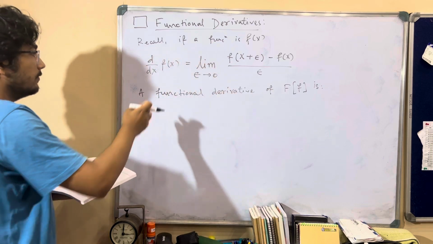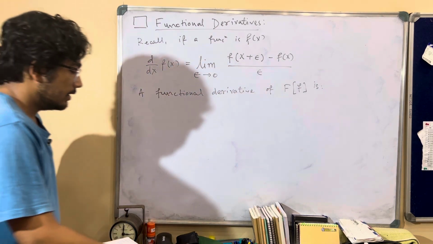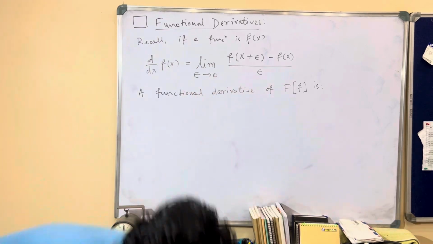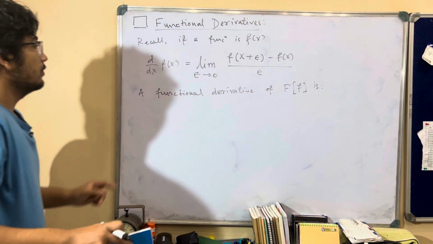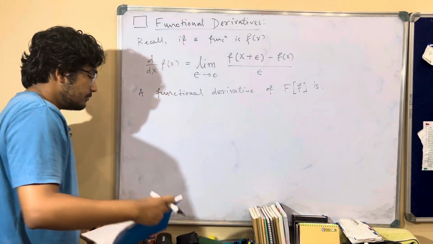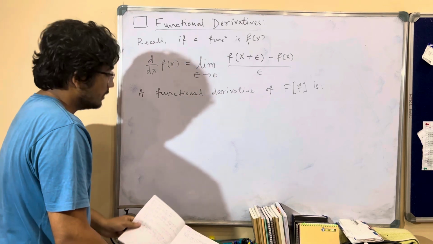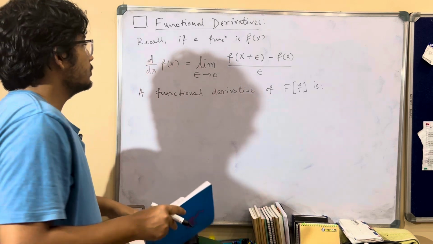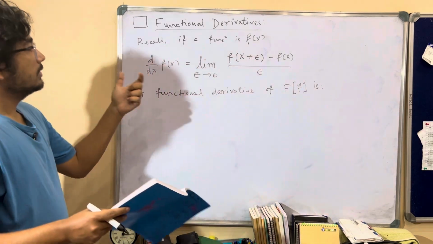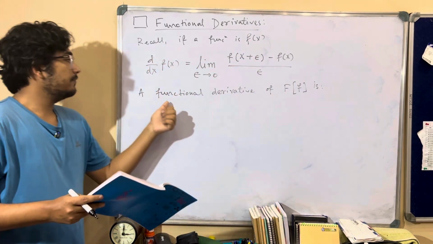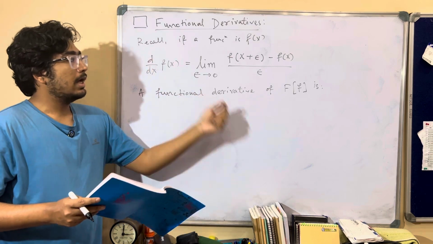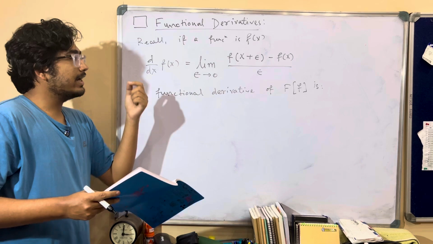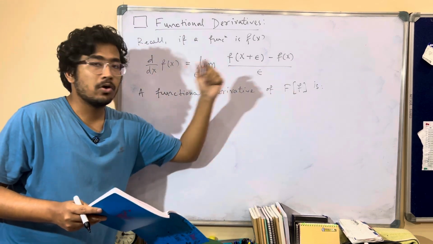Now a functional still gives a number as an output, but the input is now a function. Using the same context, a functional derivative tells you how the output number given by this functional changes if we slightly change the input function small f.